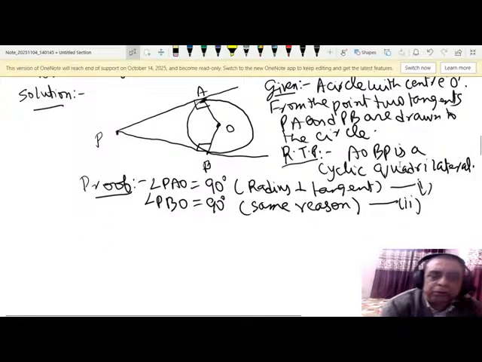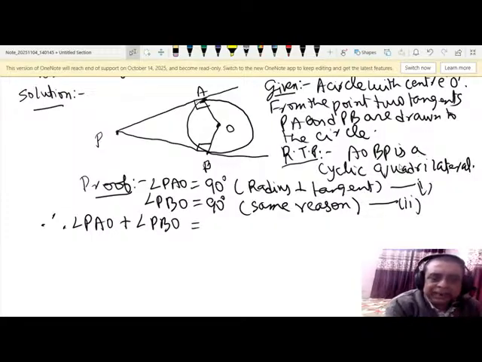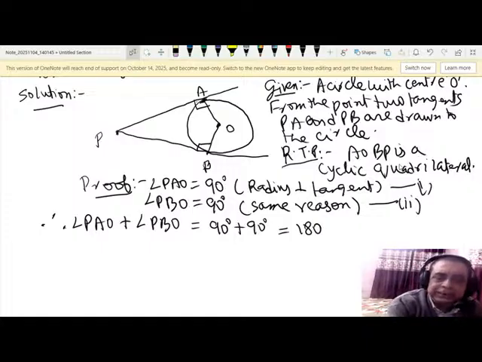Now therefore what do we get? Angle PAO plus angle PBO together is 90 degrees plus 90 degrees, which is equal to 180 degrees.